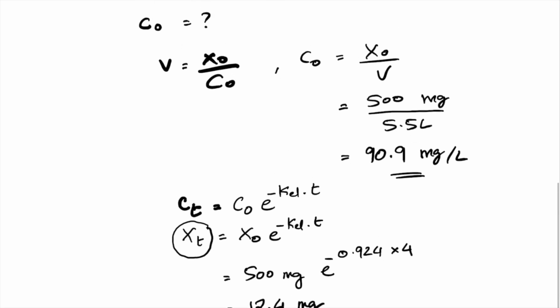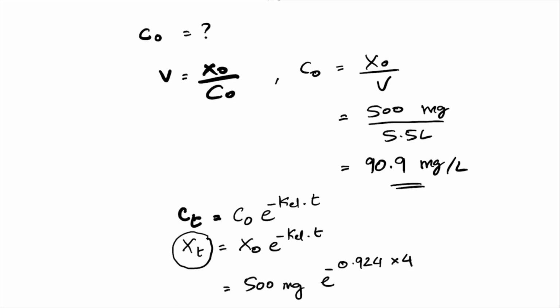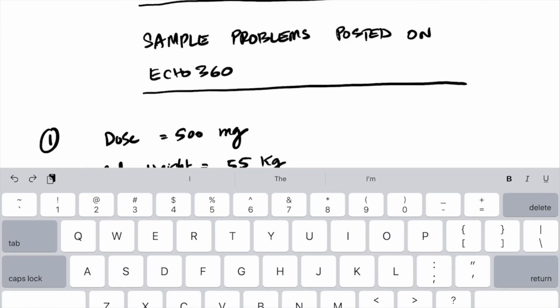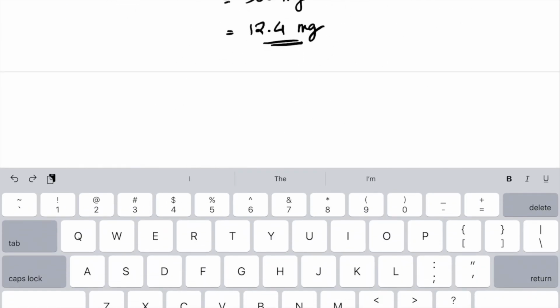Now the next part of the question is to calculate how much time it will take for the level to go down to 0.5 micrograms per ml.